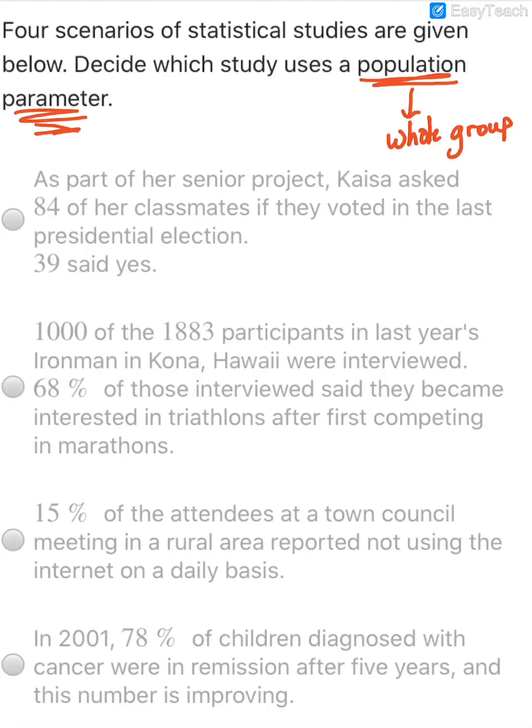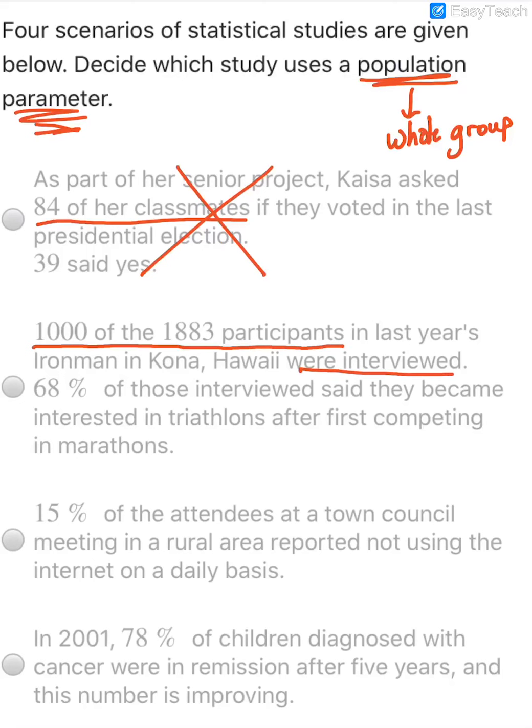So on this first one, it says, as part of her senior project, Kaisa asked 84 of her classmates. So if she only asked 84, that's not the whole group. So that would not have anything to do with a population if it's not the whole group. The second scenario says 1,000 of 1,883 participants were interviewed.